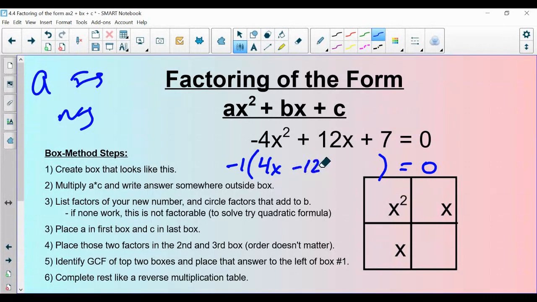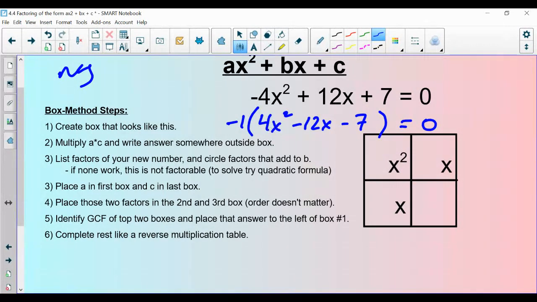And essentially what it's doing is flipping the sign of everything. And this could be really easily checked, right? If we were to distribute the -1 back in, it should get us back to where we started. What we like about this is that now we're going to kind of disregard this -1 and just work with what's in the parentheses and work on factoring that.